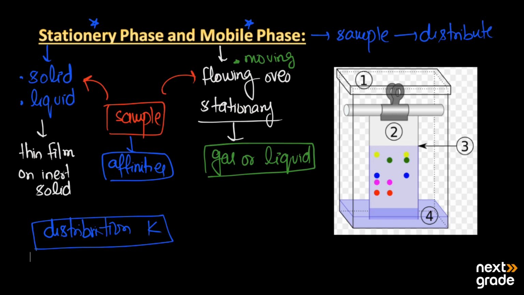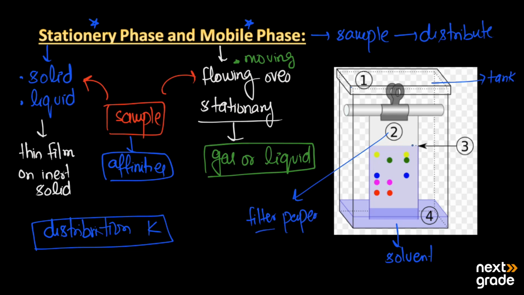In this picture we can see that, number 1, we have a simple chromatographic tank. Here we have the solvent. Number 2, we have the filter paper or chromatograph.